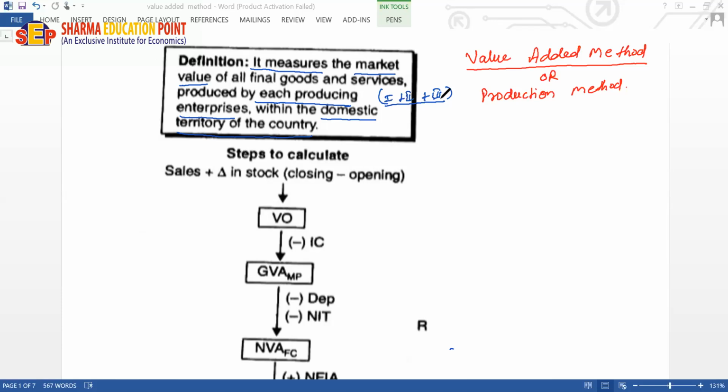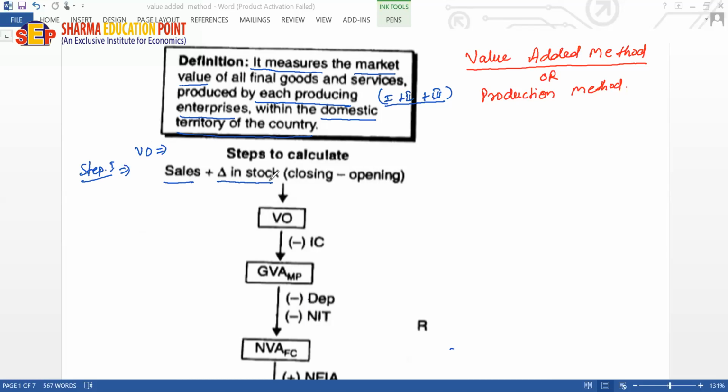Look, the first step, step 1. First step, as you know, you calculate value of output. The formula, you know, value of output is equal to sales plus change in stock. I have already explained this formula.